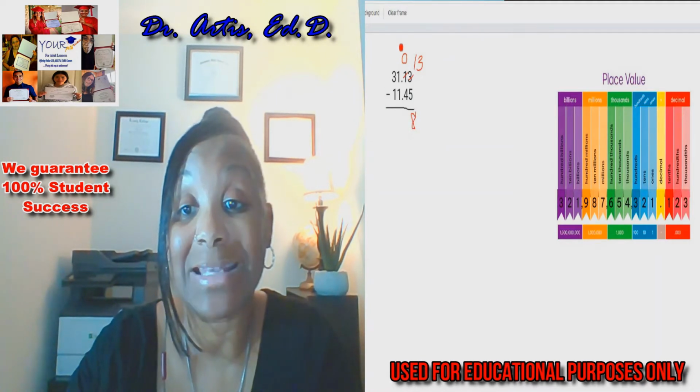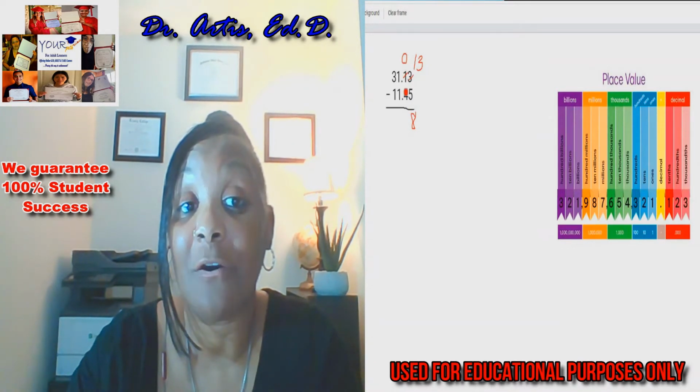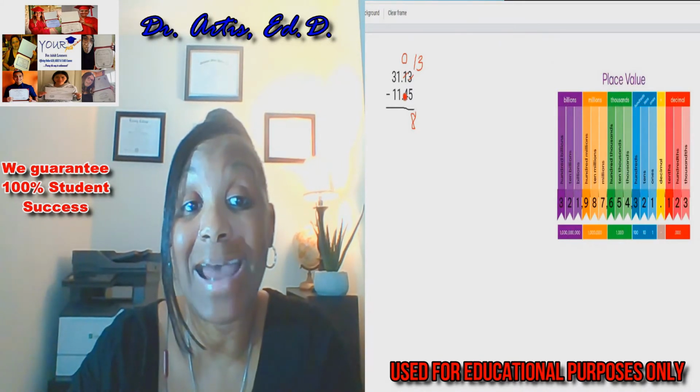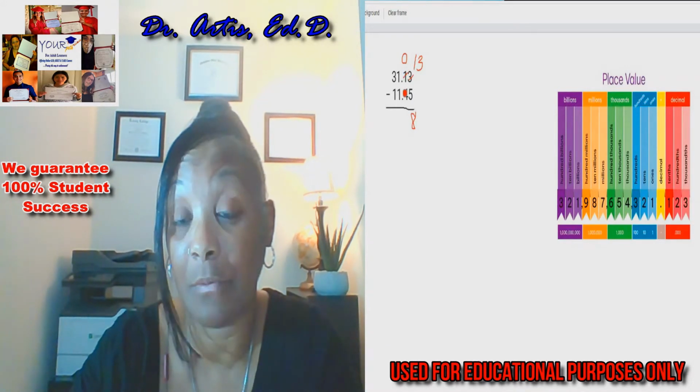Now we move over to the tenths column, but we have 4. We have 0 take away 4. We know that we cannot take 4 from 0 because 0 is a smaller number than 4, right?